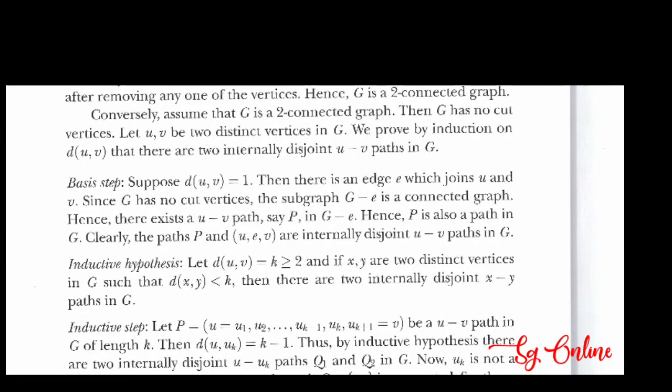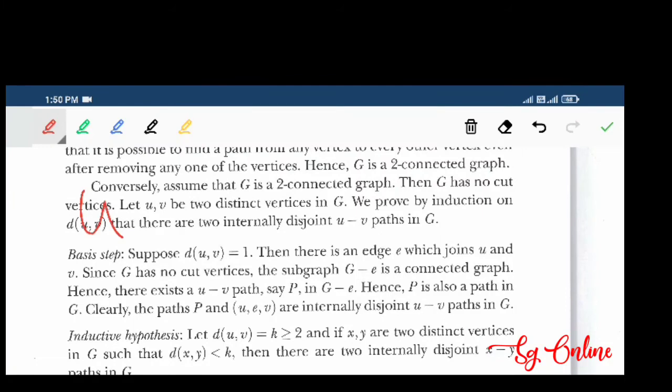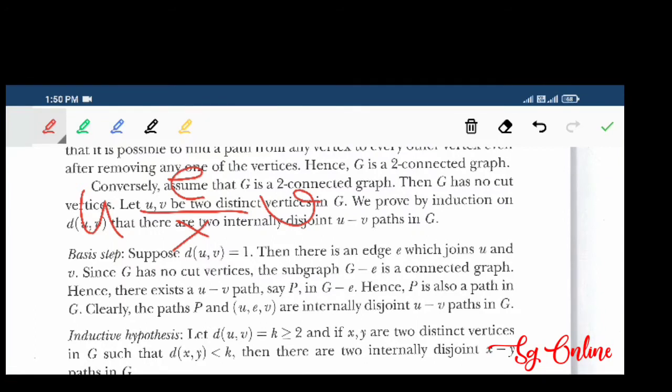These two, u and v, are already adjacent by the edge e, but if we delete the edge e, the graph remains connected because the graph is two connected. Removing u or v also deletes the edge e, but the graph is not disconnected because u and v cannot be a cut vertex in a two connected graph. So deletion of the edge e cannot make the graph disconnected.